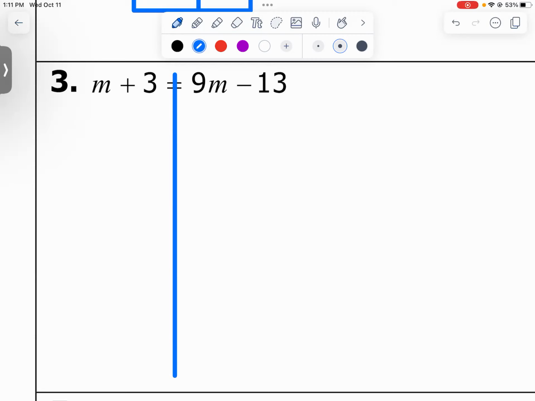In the second one, we subtracted the 2k from both sides. So in this one, what do we do? Make sure the m is like the 2k. So that is a 1 in front of the m. So you have 1m minus 9m.